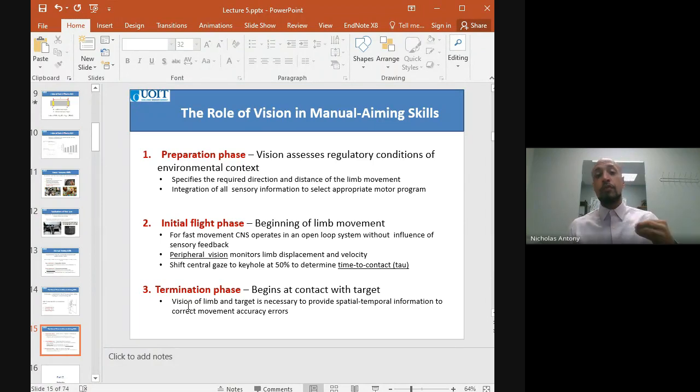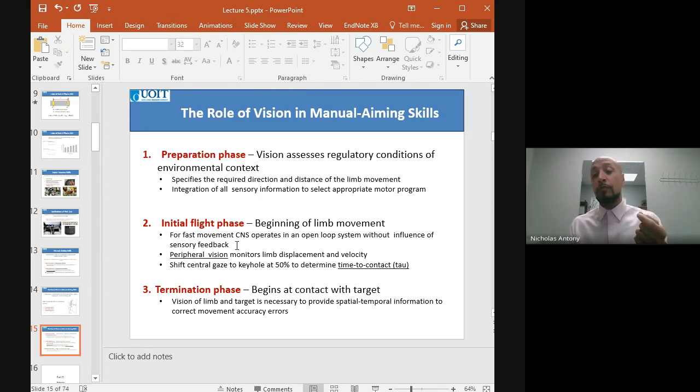As we initiate movement, we've decided, okay, this is where we go, and then we initiate movement. If we are moving too fast, then the body would move in an open loop system. All that information from central vision would have been processed prior to movement, and then it would have been completed.